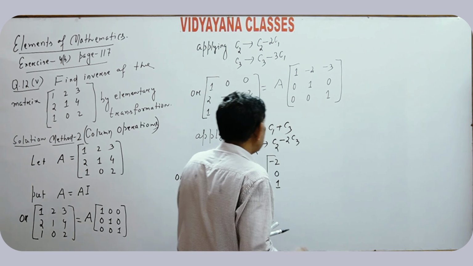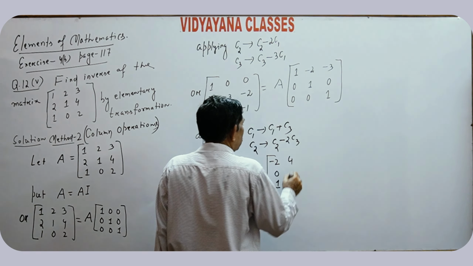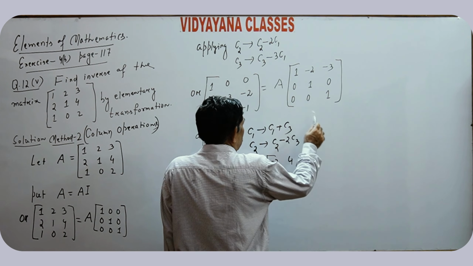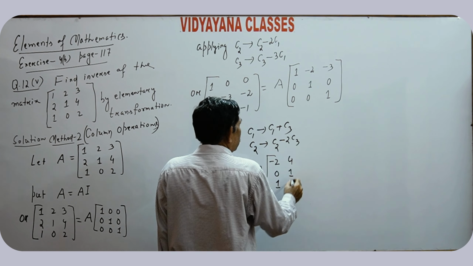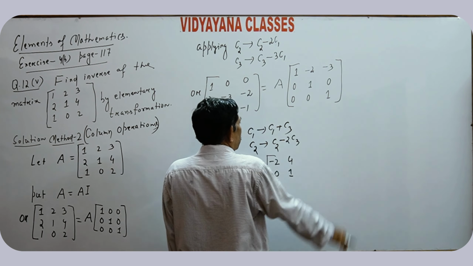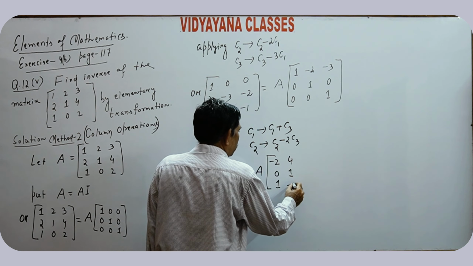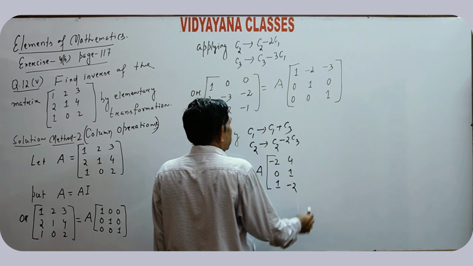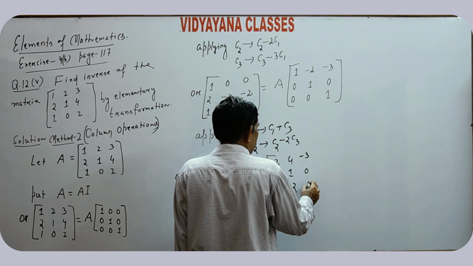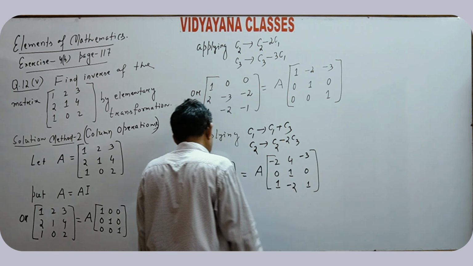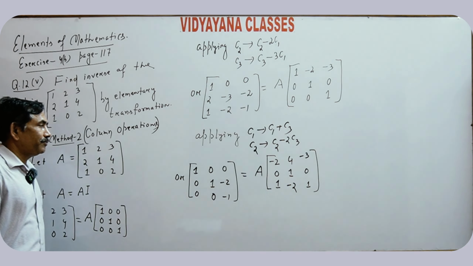Minus 2 plus 6, that is equal to 4. 1 plus 2 times minus 2 times, that is equal to 1. 0 minus 2 times of 1, that is equal to minus 2. No change of column 3, that is equal to minus 3, 0 and 1. Clear?